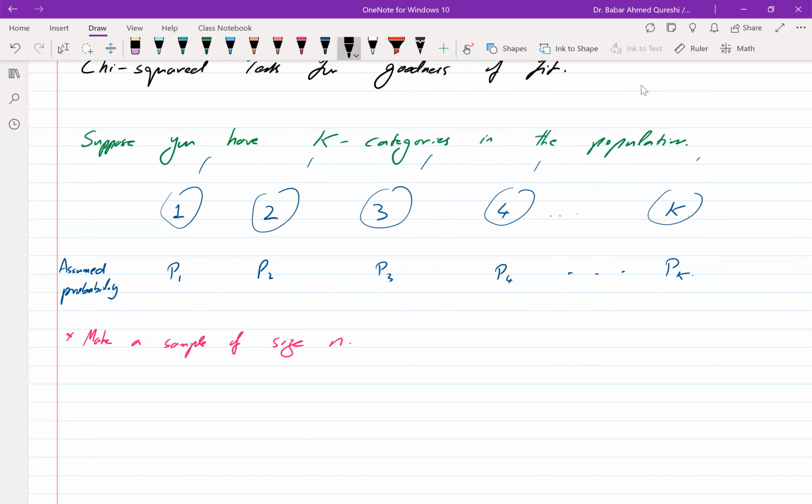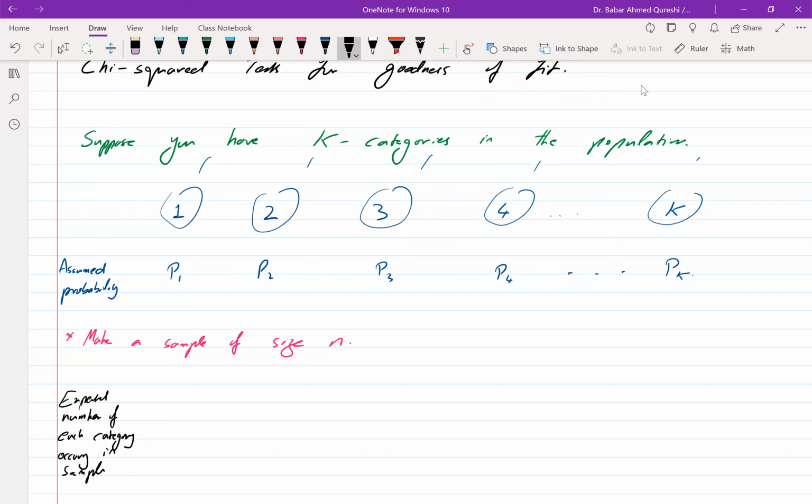So now you can compute your expected number of each category occurring in the sample.